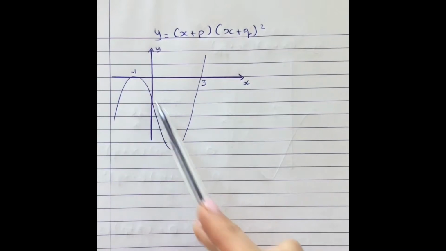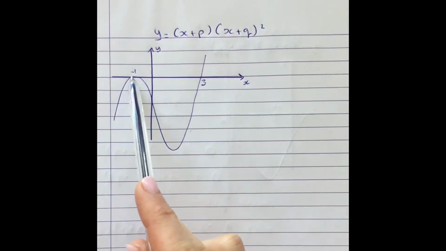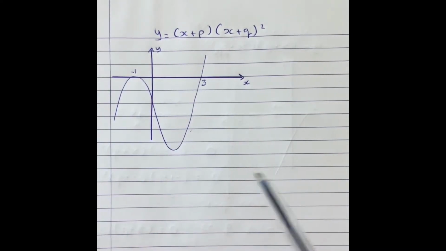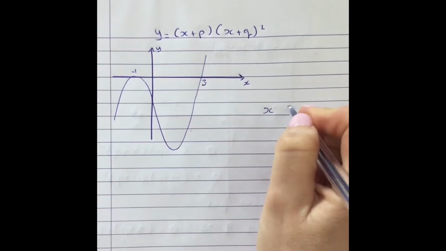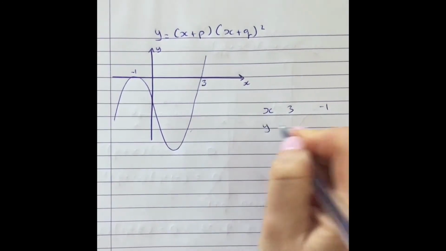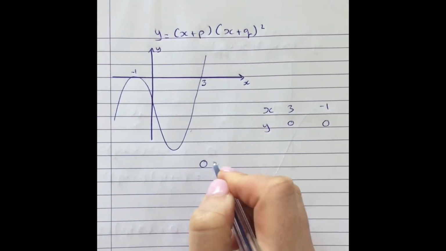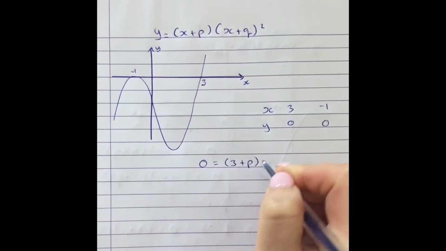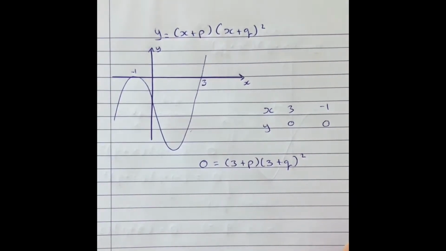They give the function for you, and you can see that when x is 3 and x is minus 1, y has the value 0 because the curve crosses the x-axis at 3 and minus 1. This means that I could write 0 is equal to (3 plus p)(3 plus q) all squared.